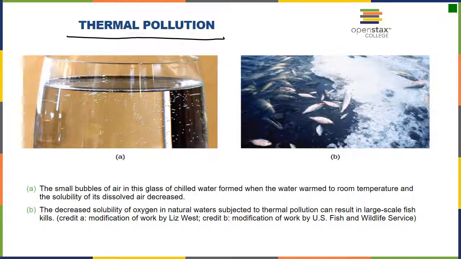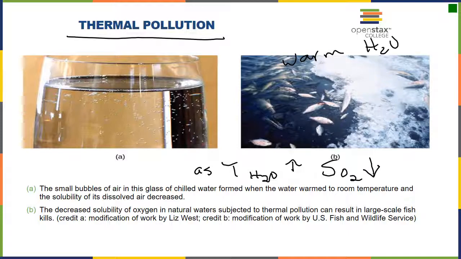Thermal pollution simply says that as the temperature of water goes up, the solubility of oxygen goes down, and therefore, if you have warm water, you're going to have little or no oxygen, and you can get massive die-outs as the oxygen bubbles off and the fish have nothing to breathe.